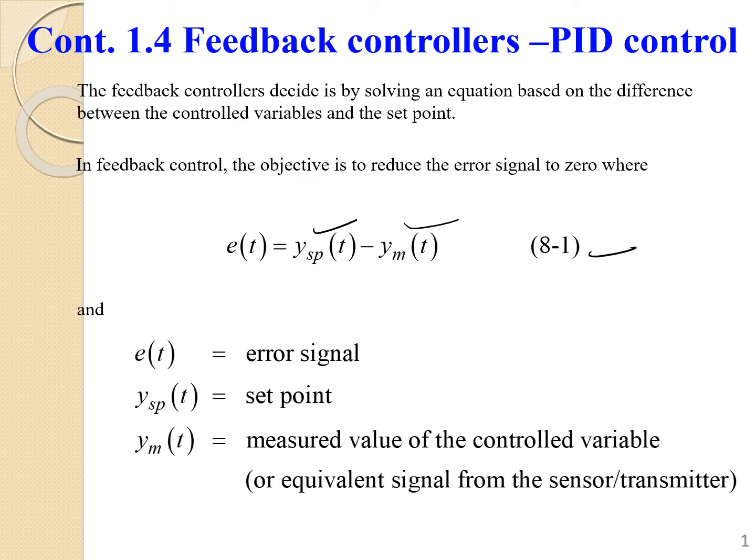The set point is the input of our controller, whereby the control variable is measured, and the difference between these two becomes our error signal. So if the question asks you to find the error signal, you can use this formula. Okay, finish for chapter 1.4.